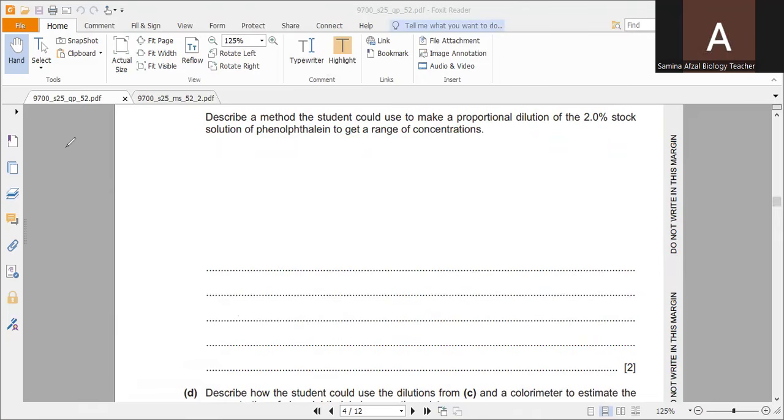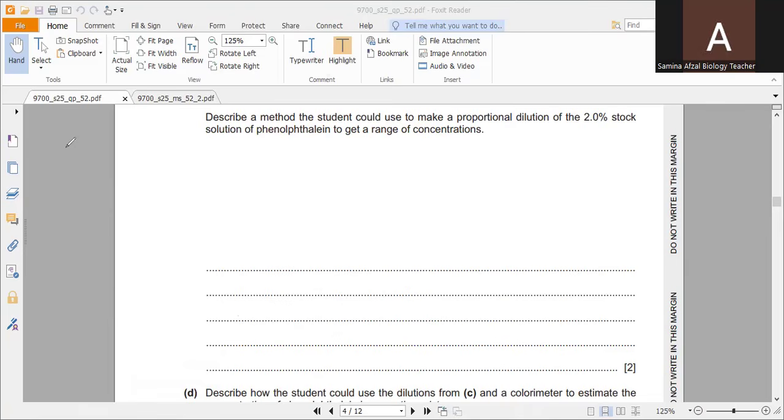So for this purpose, I would describe the method. To create a proportional dilution for a range of concentrations, we know that the stock solution is 2%. And we have to mix varying volumes of distilled water into it to make the different concentrations of the solution.